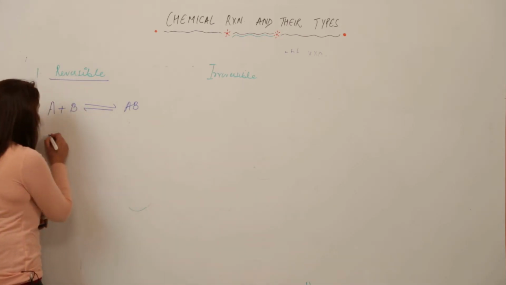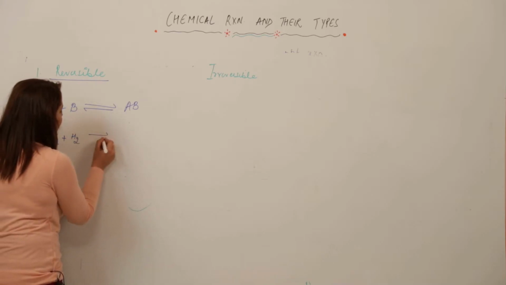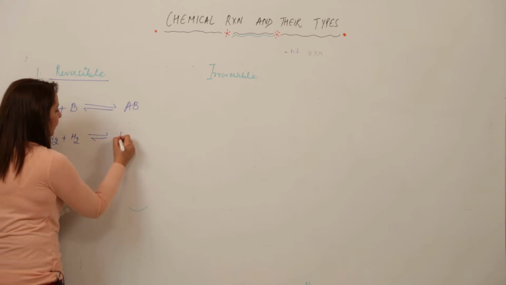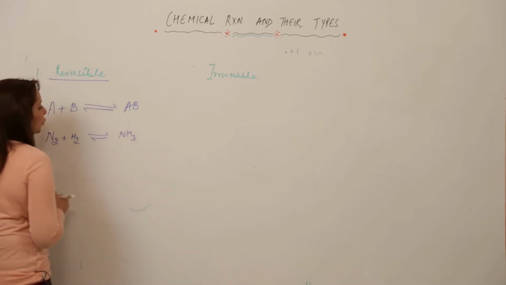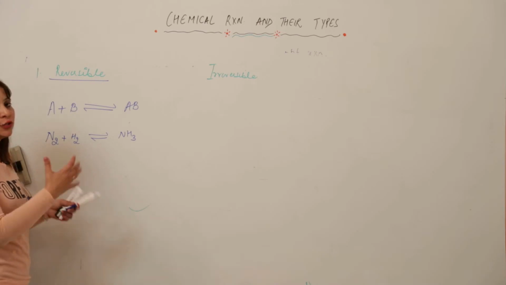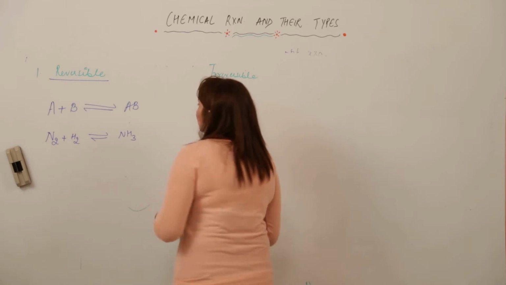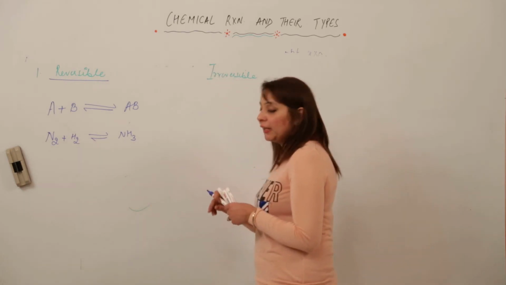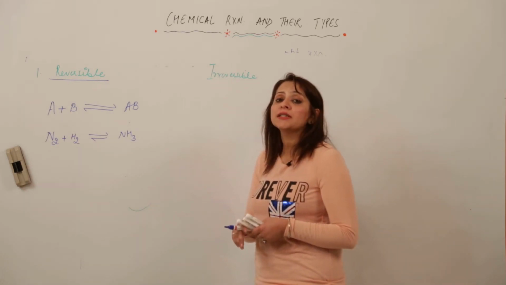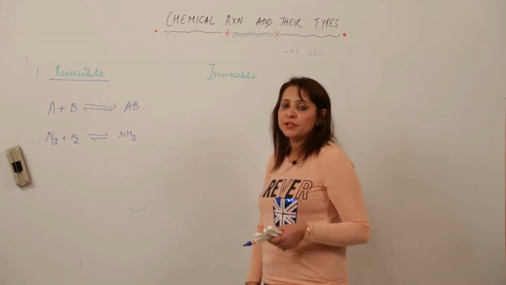For example, we have Haber's process as a reversible reaction, indicated by the reverse sign, which leads to the formation of ammonia. So it is a kind of reversible reaction which can be achieved from either side. Now when we are talking about irreversible reaction, any reaction which cannot be reversed, in which the products cannot unite back to form the reactants, is considered an irreversible reaction.